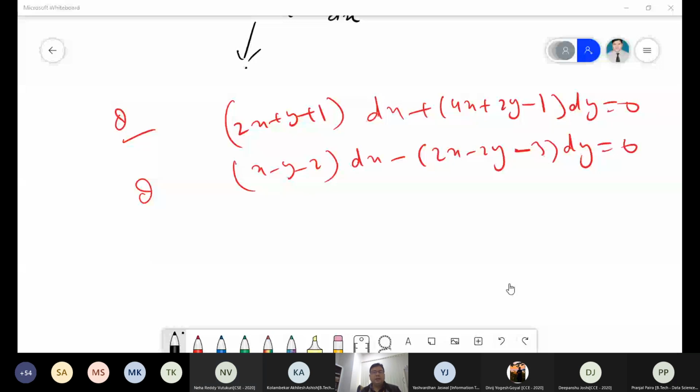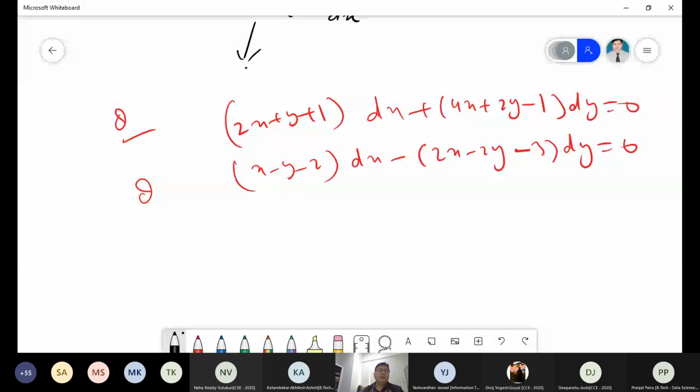Okay. Neha Reddy is asking now, I think. Yes, sir. Okay, good. So you may check this: (2x + y + 1) dx, and then (4x + 2y - 1) dy equal to 0.